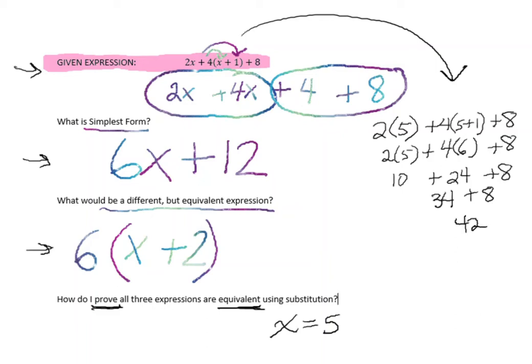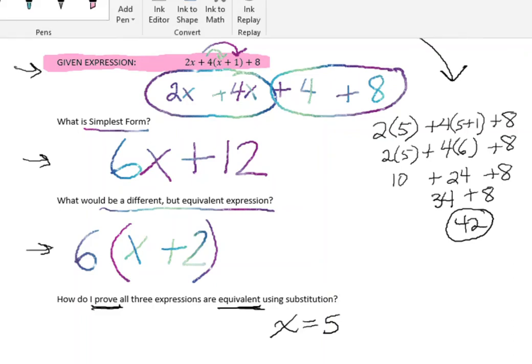So in my given expression, when x equals 5, the value is 42. I should get the same answer when I substitute into the other two expressions. So let's try it in the simplest form.